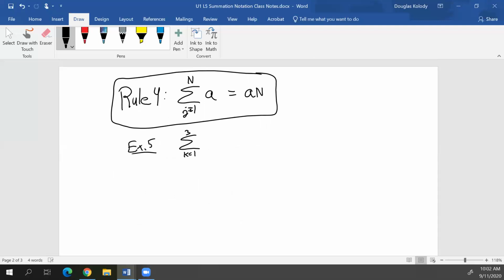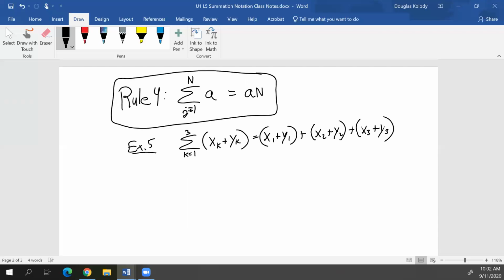And so if I say the sum as k goes from 1 of x sub k plus y sub k, well, nothing differs here. I'm just going to do x sub 1 plus y sub 1 plus x sub 2 plus y sub 2 plus x sub 3 plus y sub 3. Done. But wait, I don't like this.